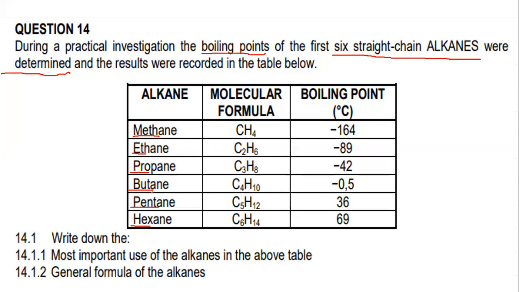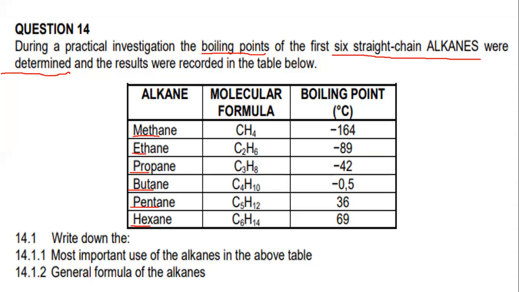In other words, from methane going to hexane, the surface area is increasing. Why? Because the longest chain of carbons without breaking, which is the parent chain, is increasing. And we can then see the relationship here that when the chain length is increasing, the boiling point is also increasing.